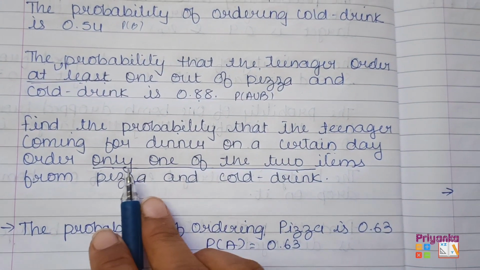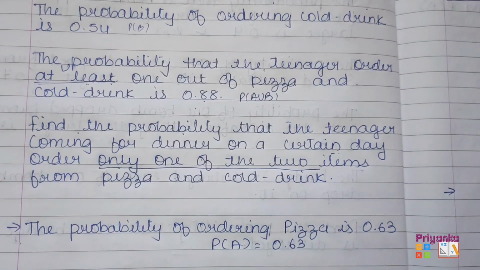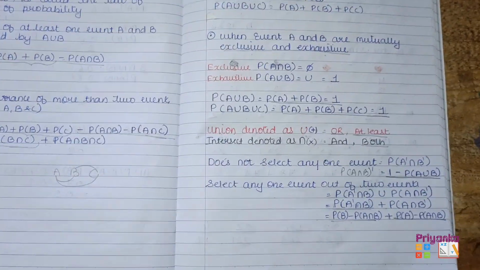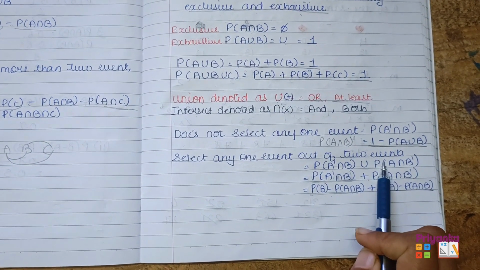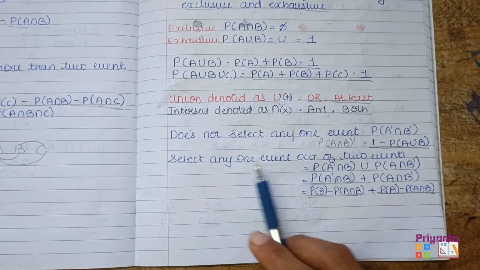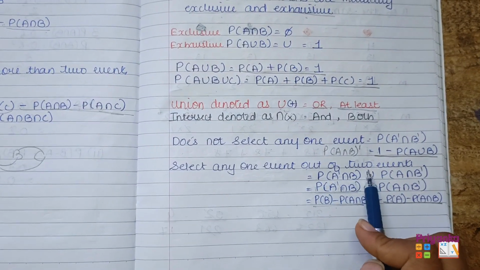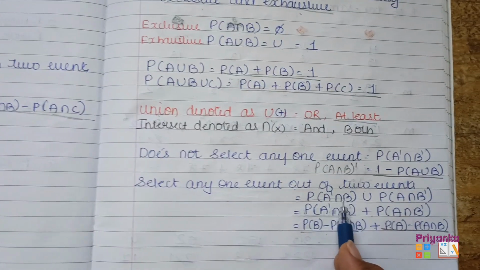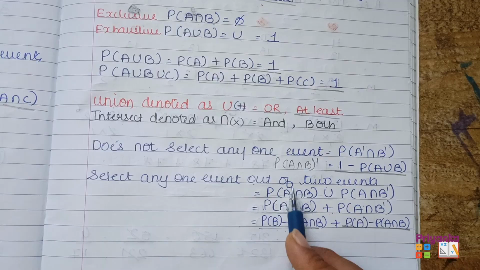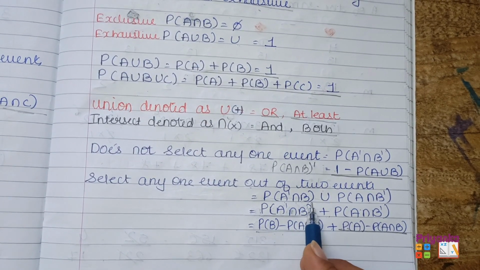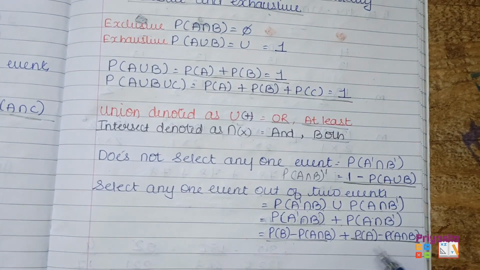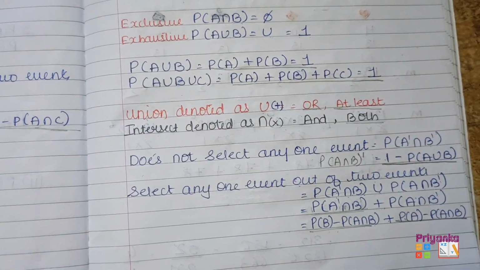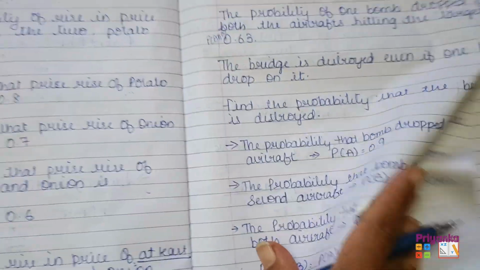If you remember, I have already shown you this in the last video: selecting any one event out of two events. When the question asks to select any one of the events out of two, that time you have to take P of A complementary, that is, A's complement, intersect B, union P of A intersect B complementary. So that's the formula we are going to apply for this question.